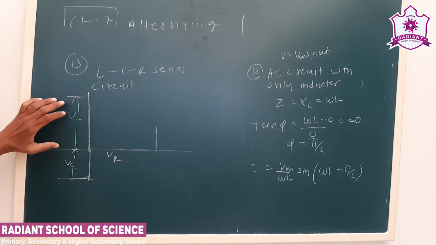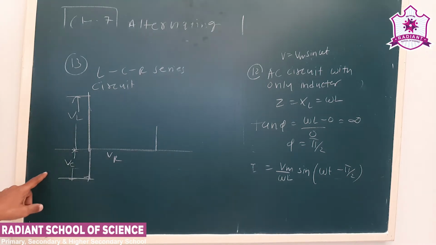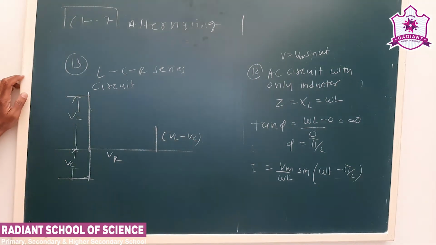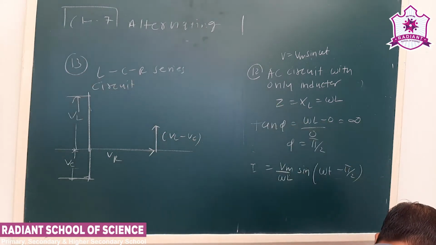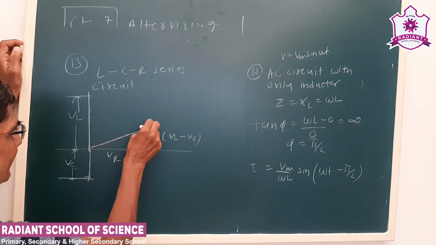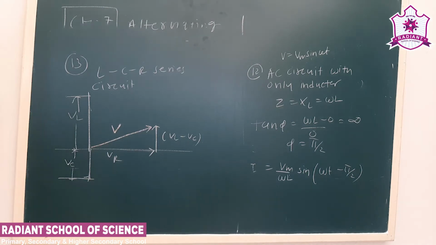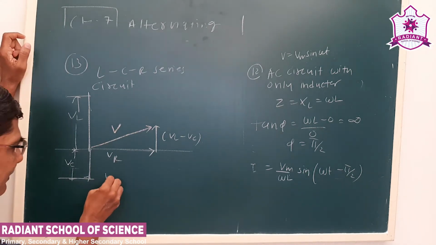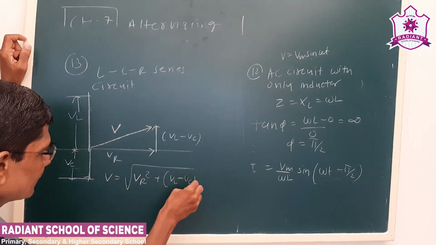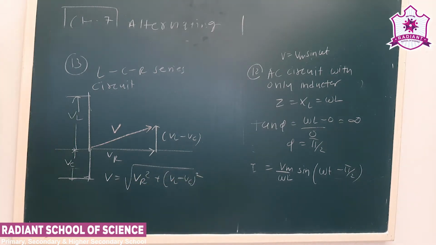So the net voltage across combination of L and C will be VL minus VC. Okay. Now we can take the help of triangle of vector addition for the phasor method. Now see, the total voltage supplied. Okay, what we have to calculate is total voltage supplied. We can solve. This is a voltage triangle. So we can write V is equal to under root VR square plus VL minus VC whole square. Okay, this is how we can obtain the value of the voltage.